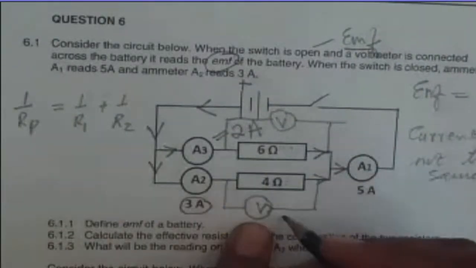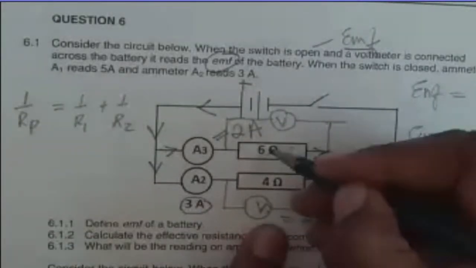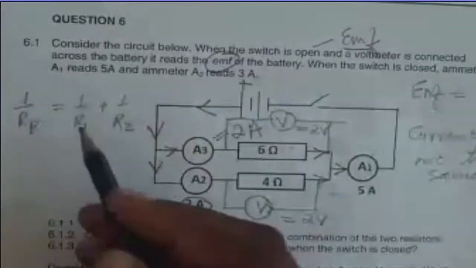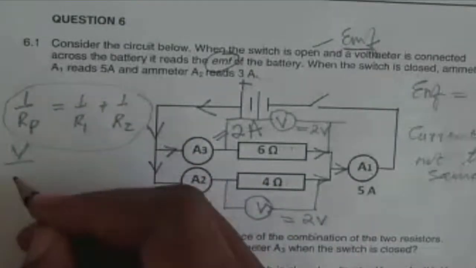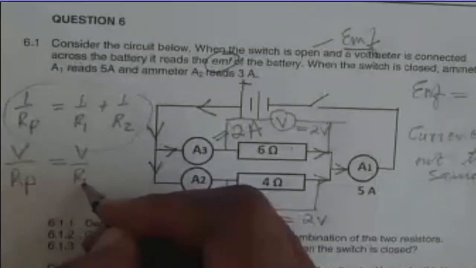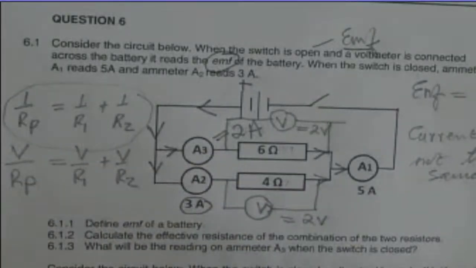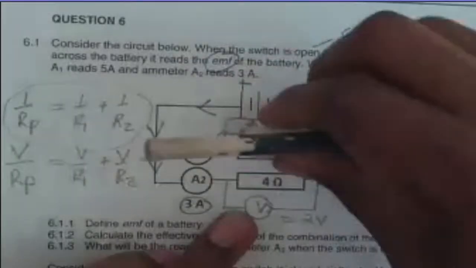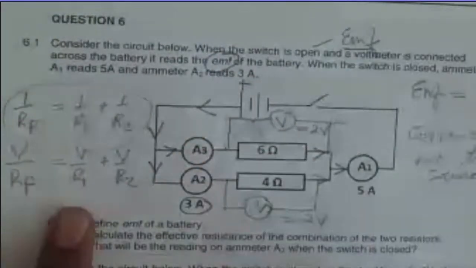If I'm having 2 volts, the voltmeter connected to the 6 ohm resistor will be the same, 2 volts. So in a parallel, that one at the top simply stands for V. V will be the same. So potential difference is the same in a parallel combination.